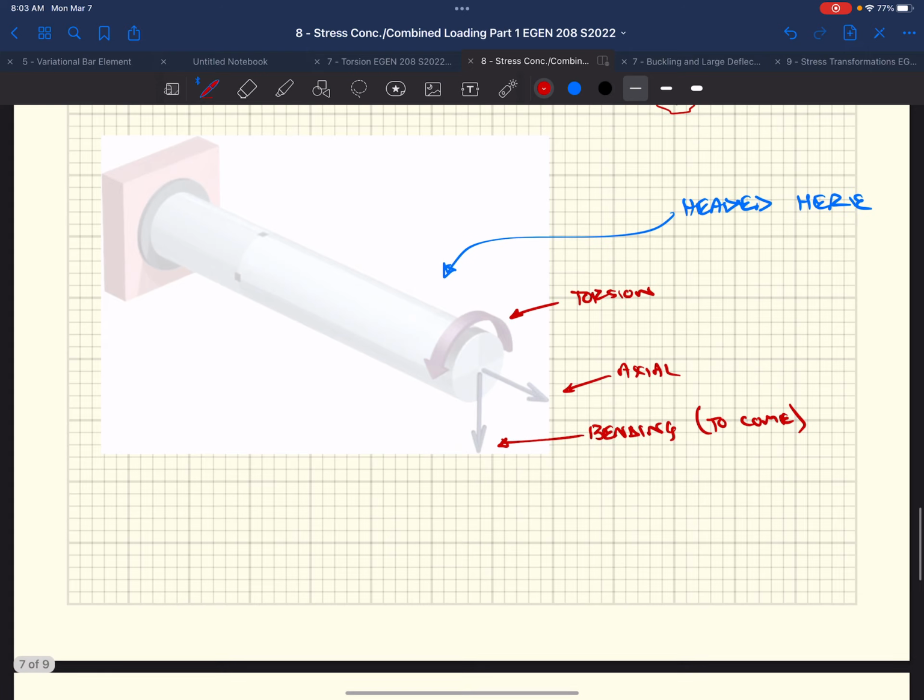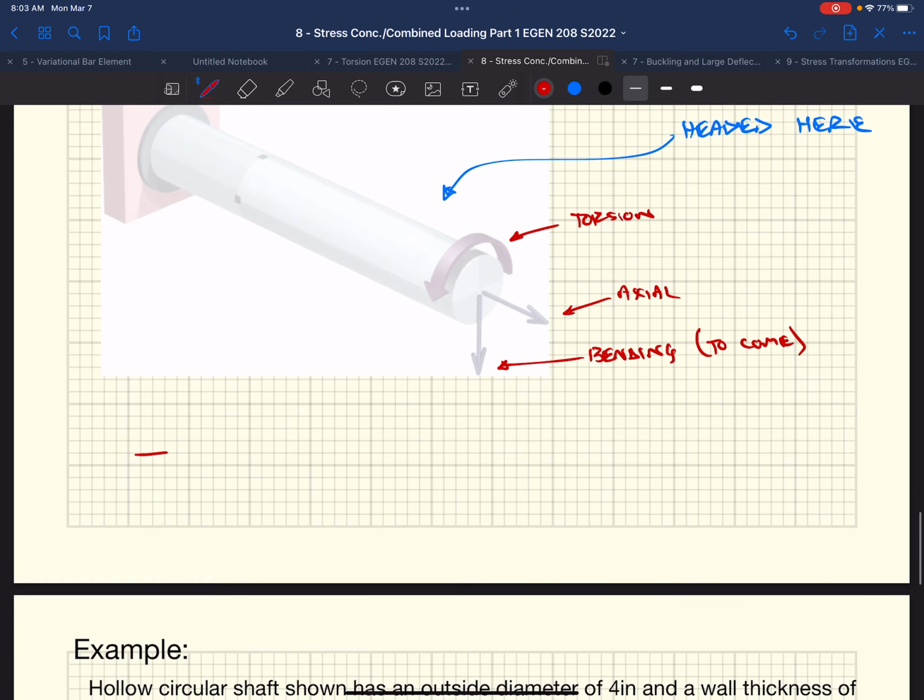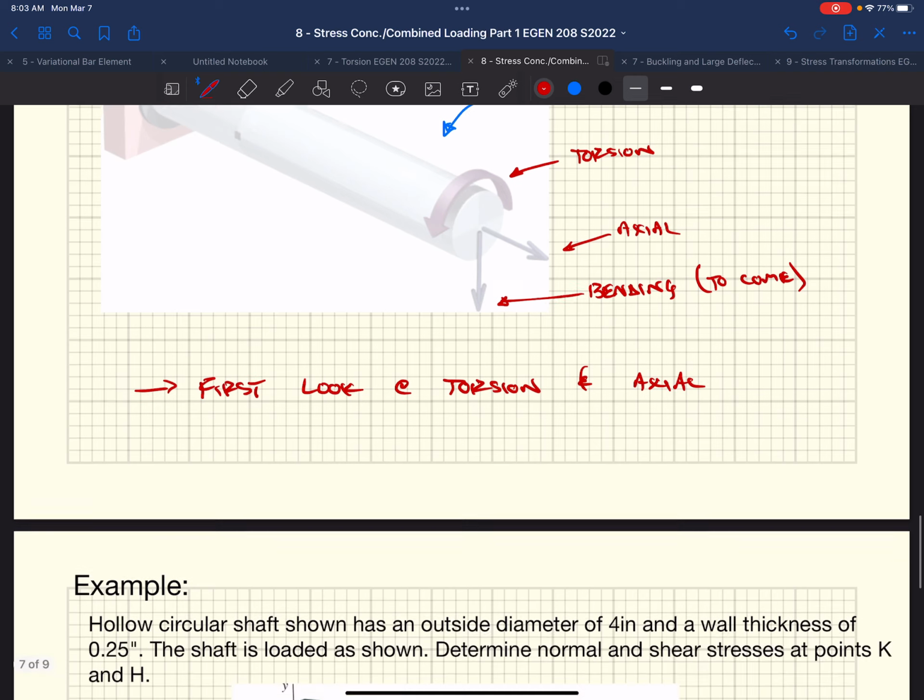Bending's going to require a little bit more explanation and discussion before we include that, but we're going to start by just including torsion and axial loading.